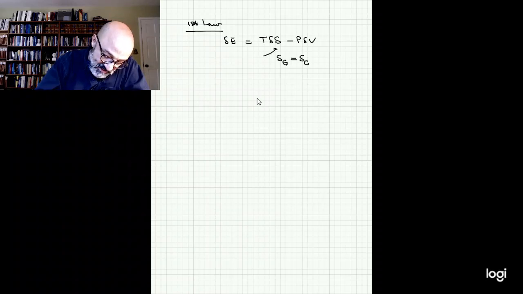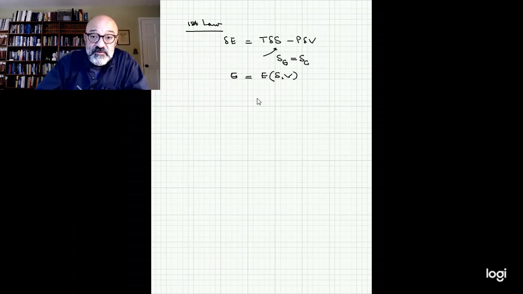What this is telling you is that the energy is properly thought of in thermodynamics as being a function of the entropy and the volume.